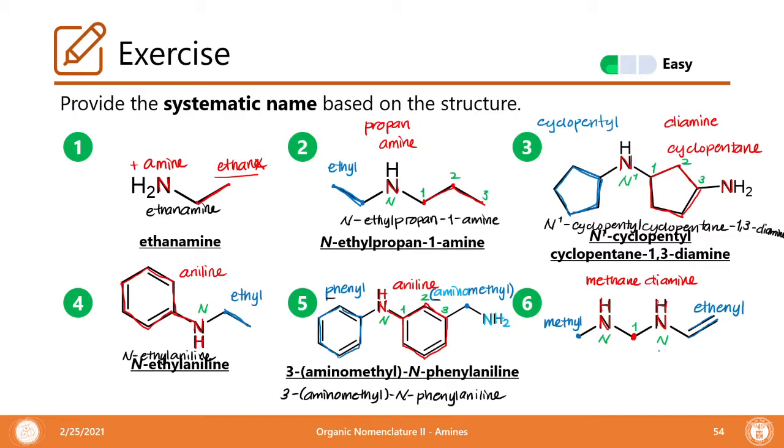Now we have to assign 1 with prime. And our decision would be based on the alphabetization of the substituent. So that would be E versus M. Okay, so this will get N and this will get N prime.